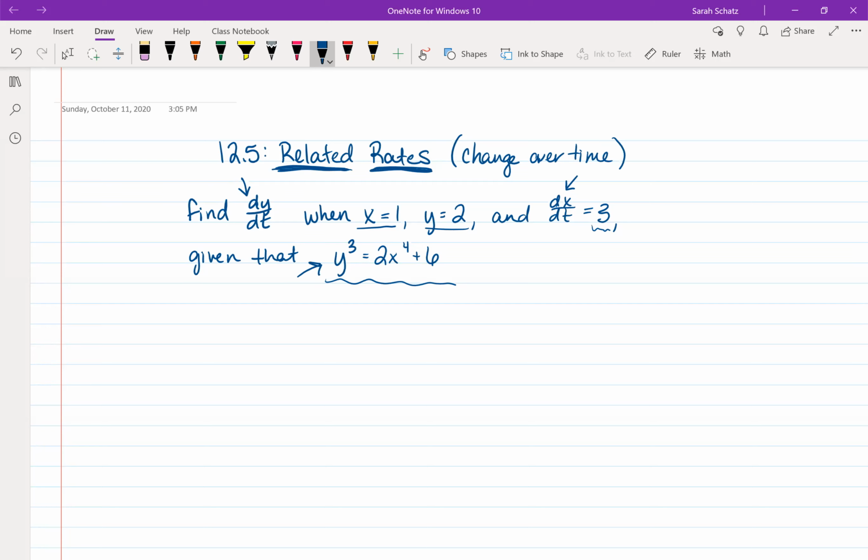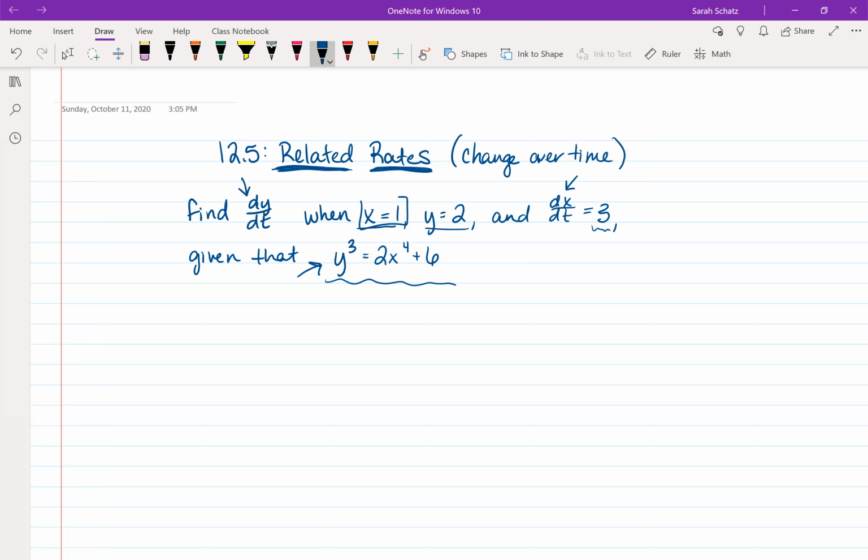Notice there's no t in this equation. It's just a normal x and y equation like we've been dealing with. But it keeps saying I want to find dy dt and dx dt, but I don't see any t's in the problem. So you guys, I want to write out some steps as we're working these.